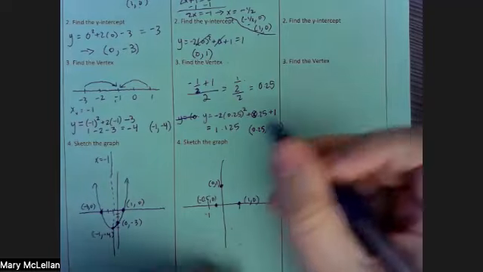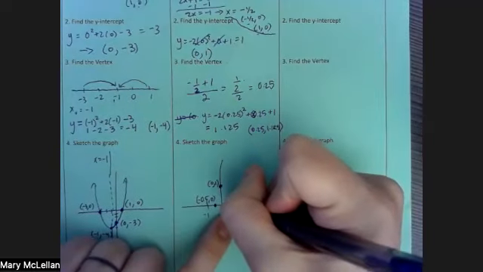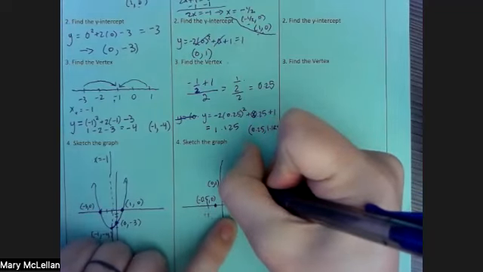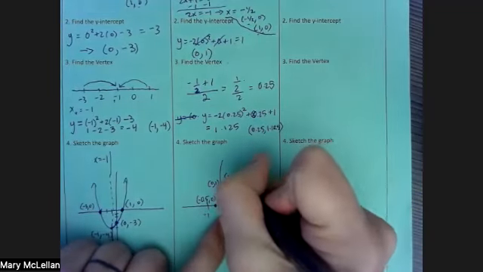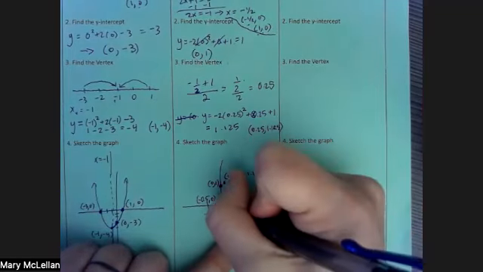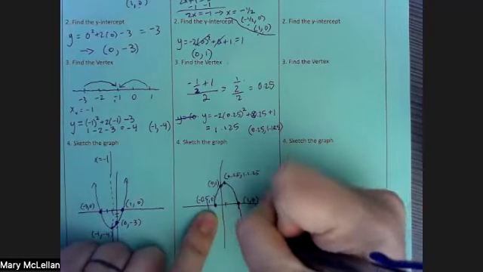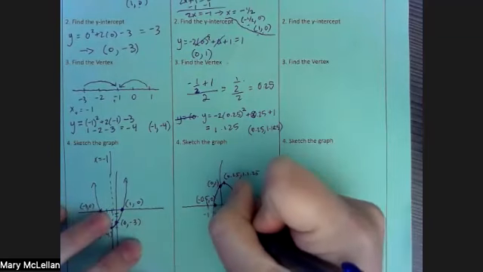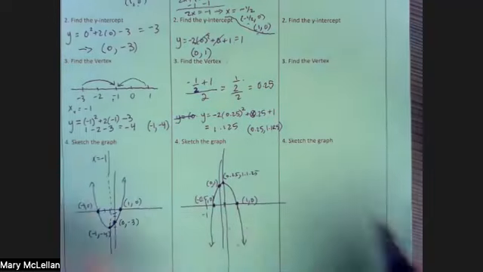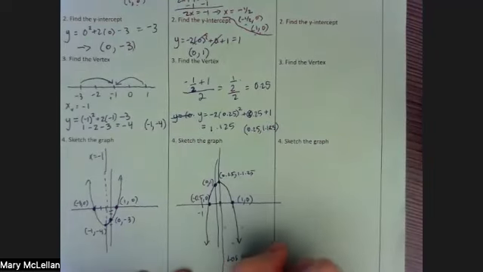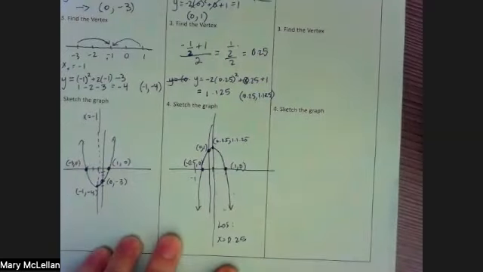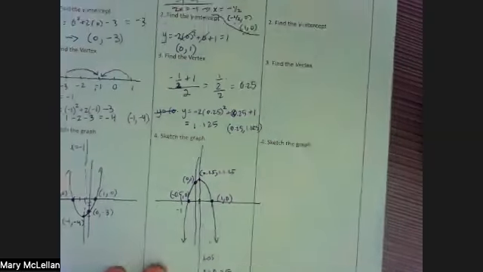I have my vertex at 1/4, which is about here, 1.125, which is about here. And now I can sketch. Don't forget your line of symmetry. X equals 0.25. And that's the whole graph.